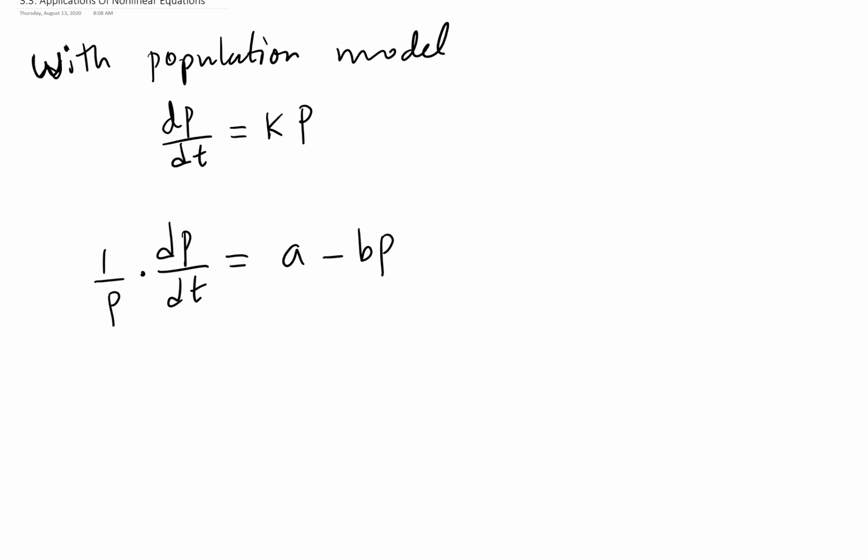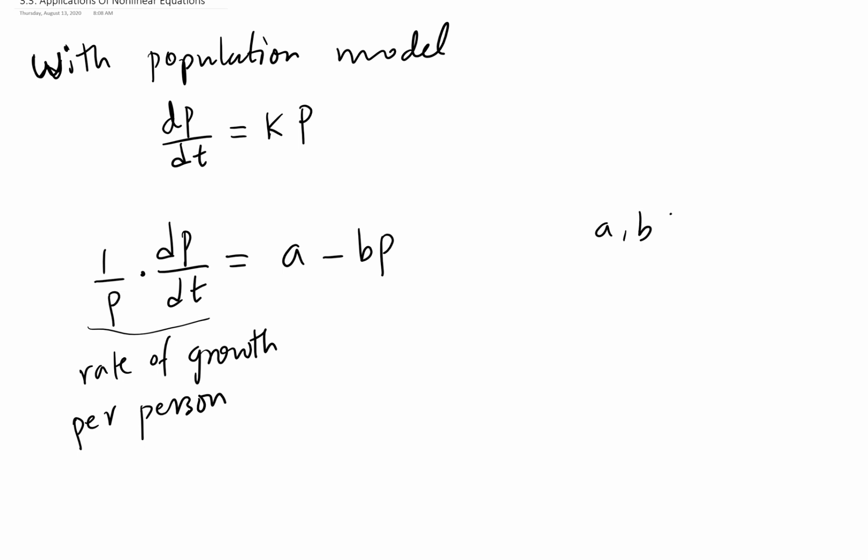What is a here? First, this side, after dividing by P, is the rate of growth per person or individual. That's what the left-hand side gives us. Both a and b are positive numbers.